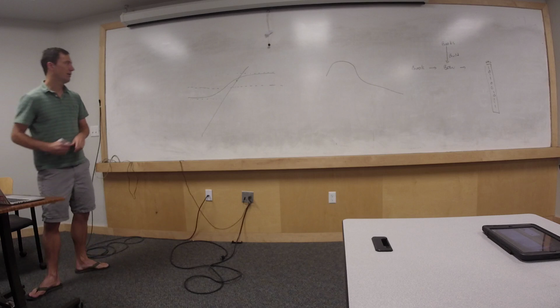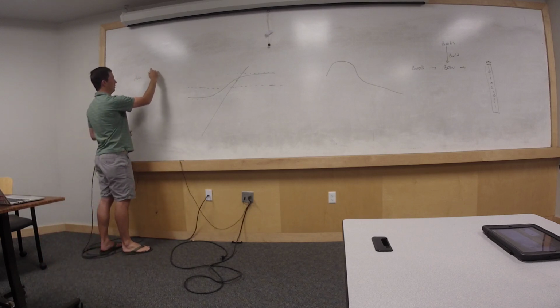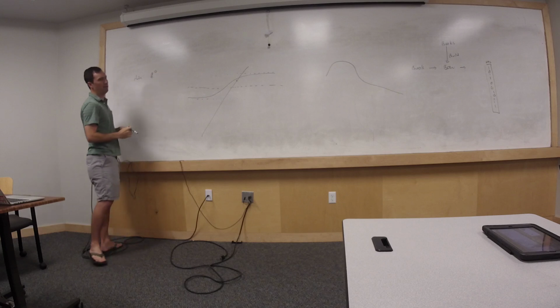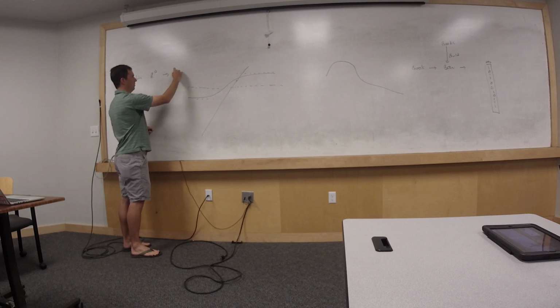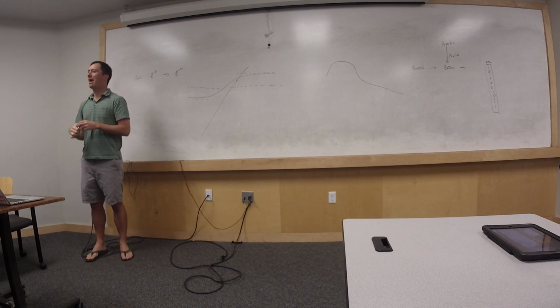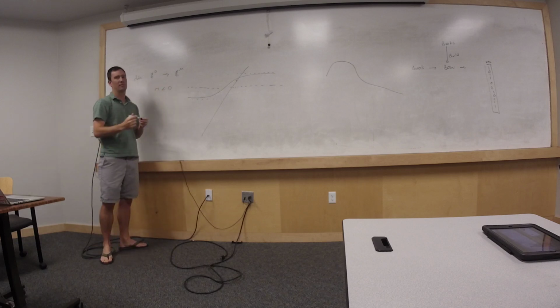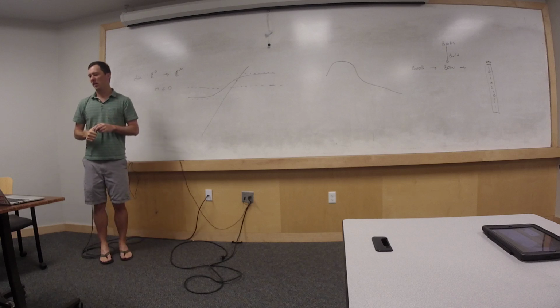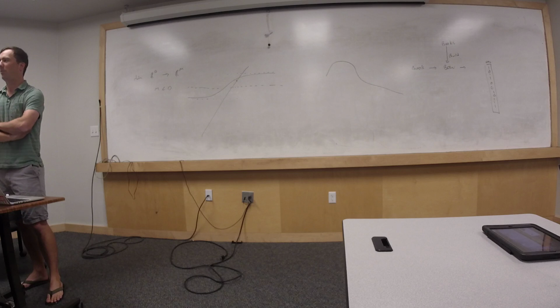But the general idea is we have some data that is, say, d-dimensional, and we want to figure out some m-dimensional representation where m is less than d. Is this a supervised or an unsupervised learning problem?